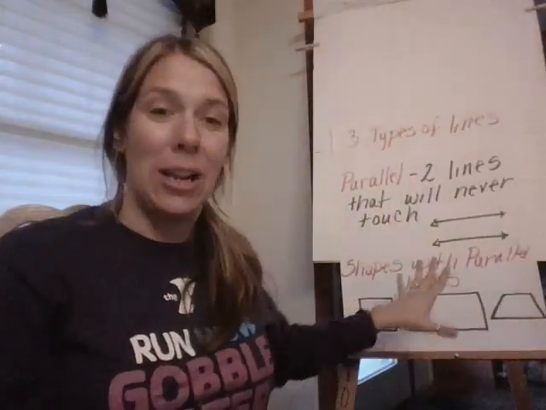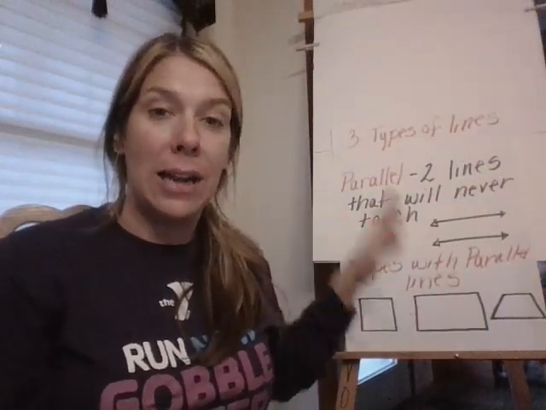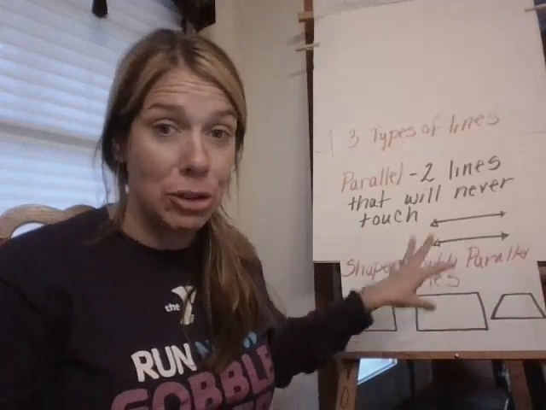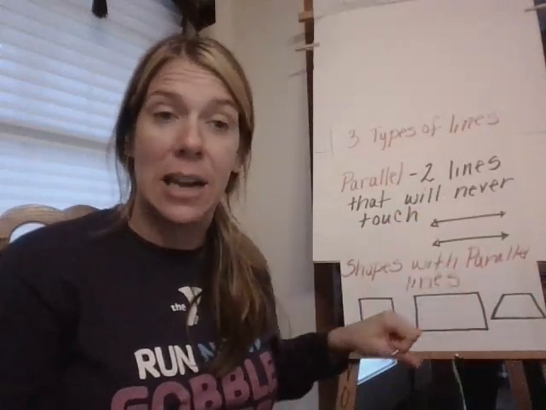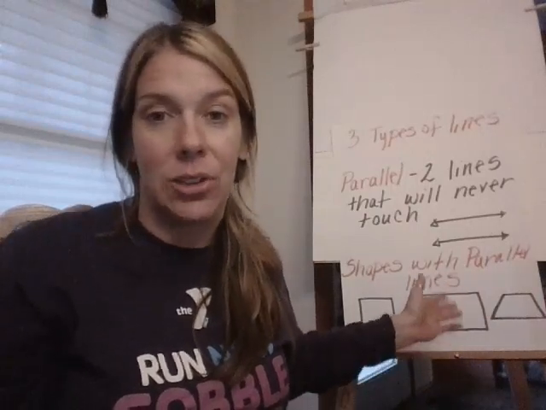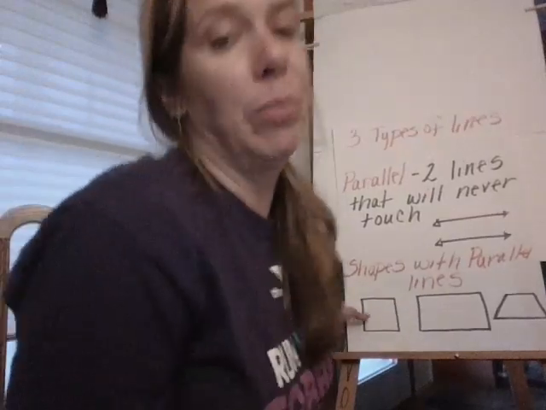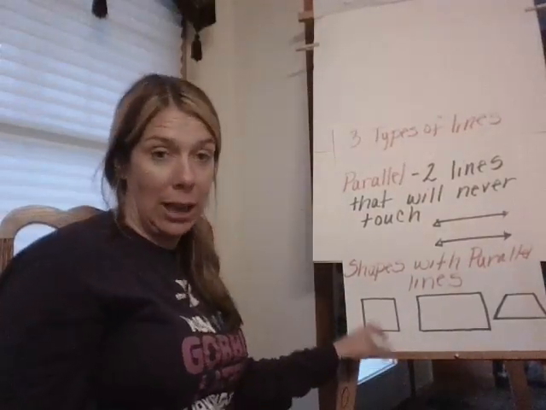Here are some shapes that have parallel lines in them. A lot of times in math, when we're talking about geometry, which is our shapes and lines, it'll say, find a set of parallel lines in these shapes. A square has two sets of parallel lines.